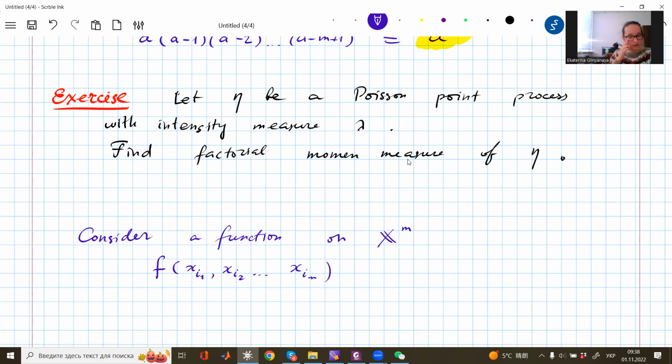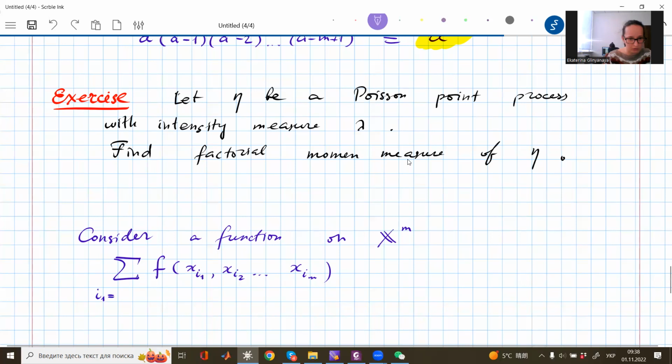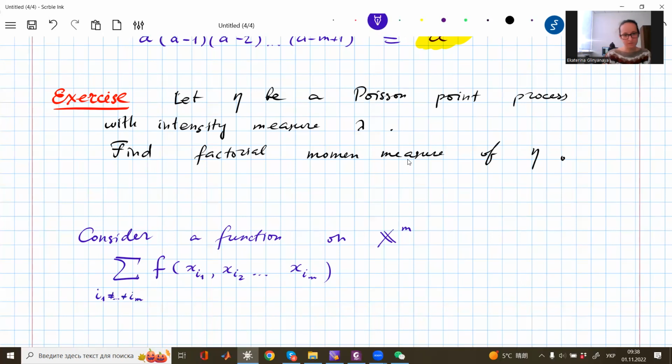And again, if I consider the summation over all indices that are not equal, and take the expectation, then this can be written using the integral over x^m of this function.